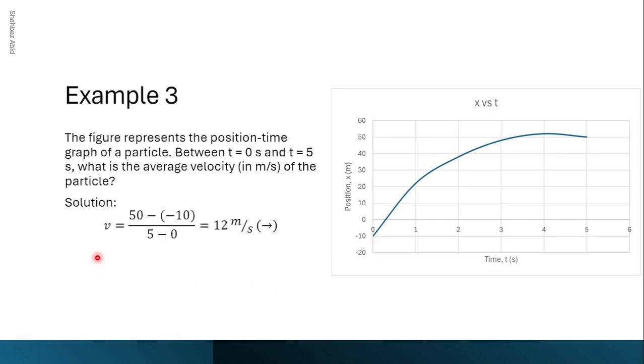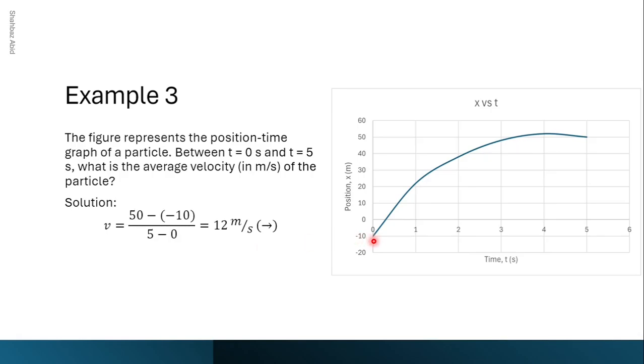The velocity is equal to the rate of change of displacement with respect to time. Final position was 50 minus initial position of -10, so 50 minus -10 gives you 60, divided by final time minus initial time, which gives you 12 meters per second. It's a positive value, which means the slope is positive and I'm moving forward.